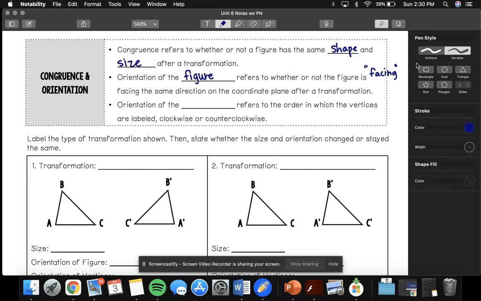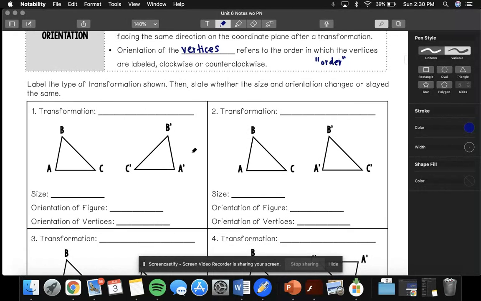Then we can also talk about the orientation of the vertices, which is the points that make up a figure. Okay. And orientation of the vertices refers to the order in which the vertices are labeled clockwise or counterclockwise. So we'll talk about what this means. Orientation of the vertices, I like to remember order.